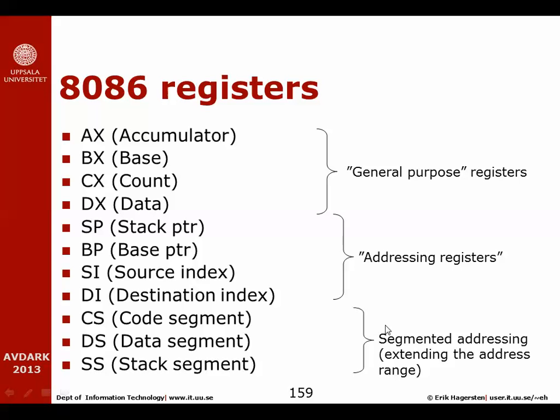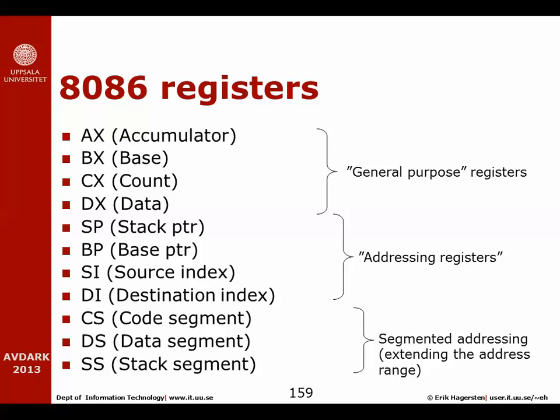And then you had some registers that dealt with how to do the addressing. You sometimes needed to extend the address range beyond the amount of data that you could address. For example, with a 16-bit architecture, you couldn't reach enough virtual memory, so you sometimes had more physical memory than virtual memory.